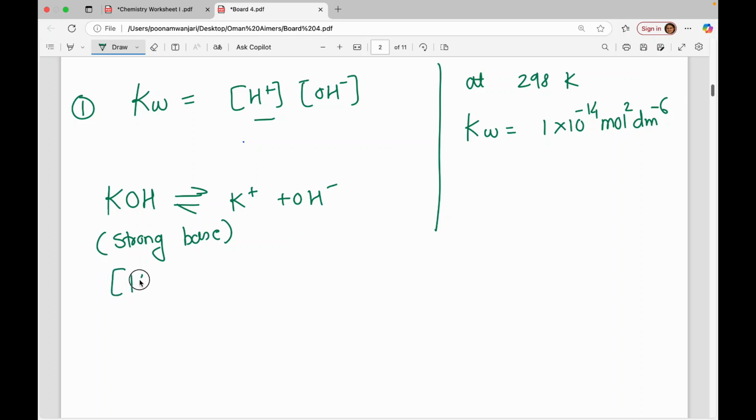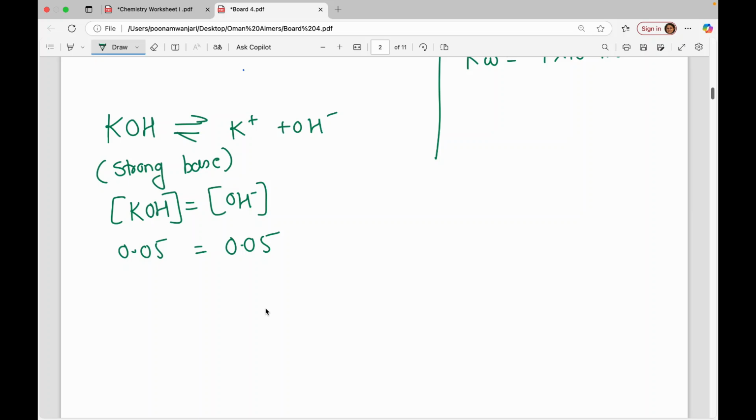So whatever concentration of KOH is provided, it is equal to the concentration of hydroxyl ion. So the concentration of KOH is 0.05. That means the concentration of hydroxyl ion is also 0.05 mole per dm cube. Or here you can directly write it is equal to 0.05 mole per cubic decimeter.